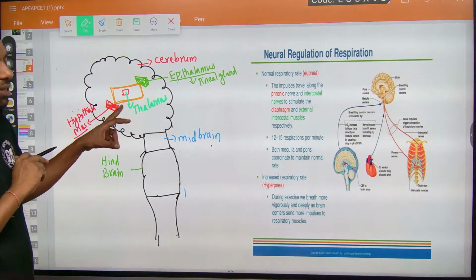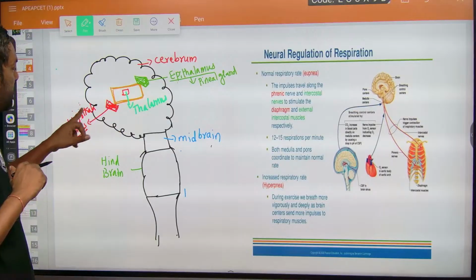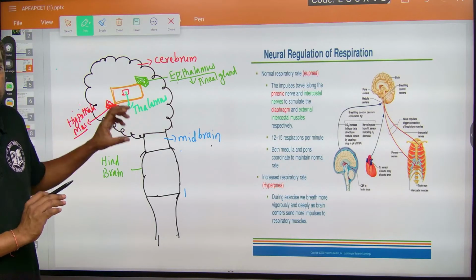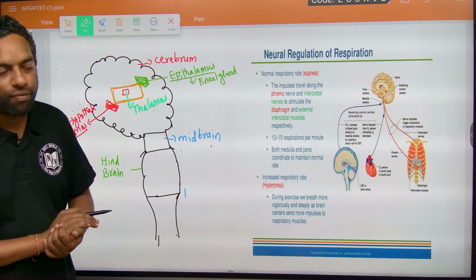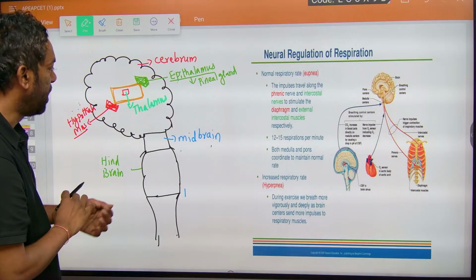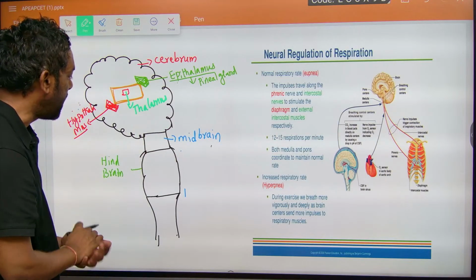These three parts, epithalamus, thalamus, and hypothalamus, together we call the diencephalon of the forebrain. This is the midbrain, this is the hindbrain.